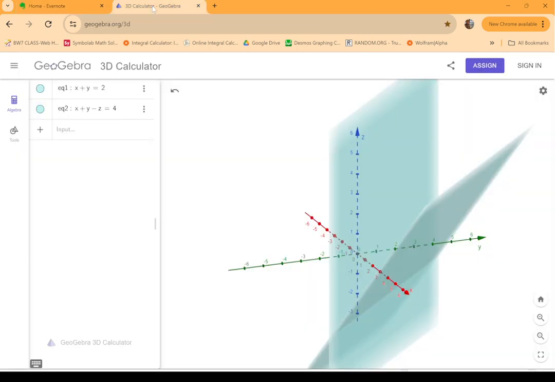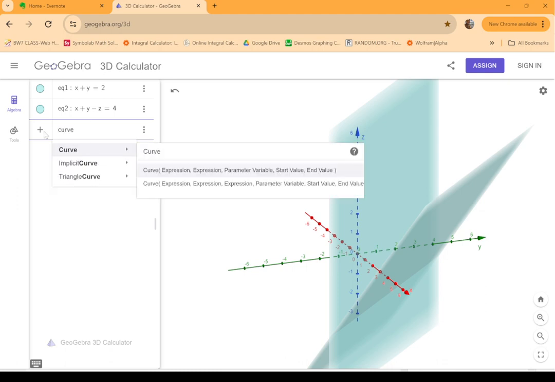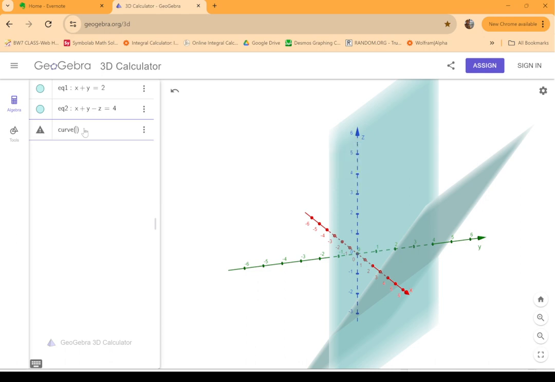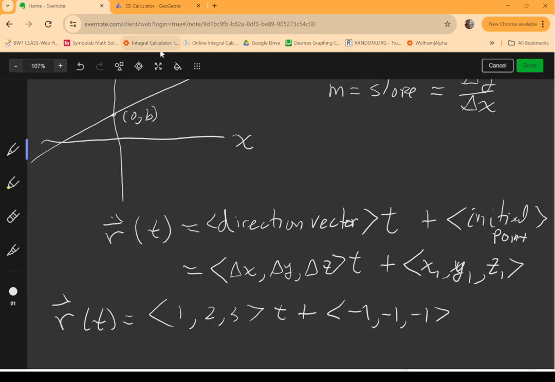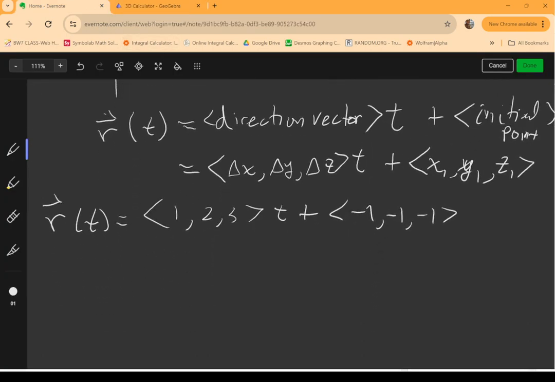We can see here, let's try to remember these commands, I think I got it here, curve. So curve, and then the expression. Putting it as one vector equation, you can distribute the t, so we get <t - 1, 2t - 1, 3t - 1>.